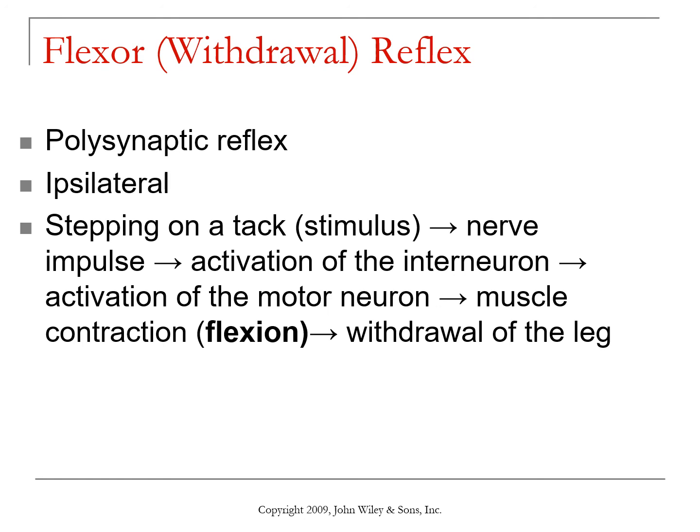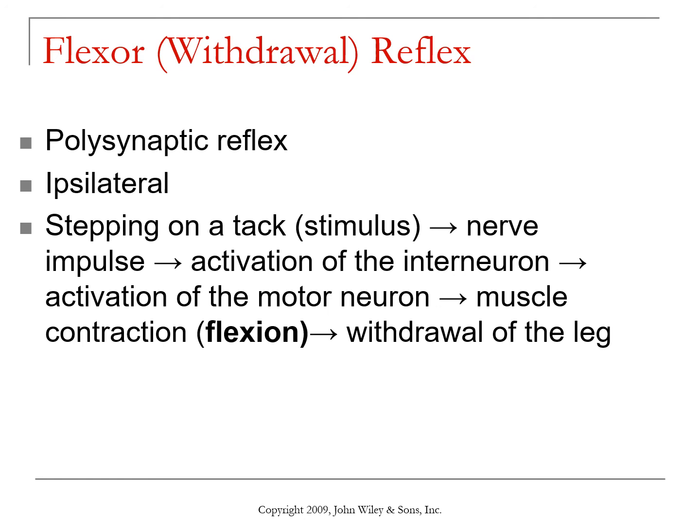These interneurons synapse with motor neurons in the anterior horns at those several levels, sending signals out to the flexor muscles of the knee. So in this case, that would be the hamstring muscles, which cause knee flexion and withdrawal of the leg from the painful stimulus.